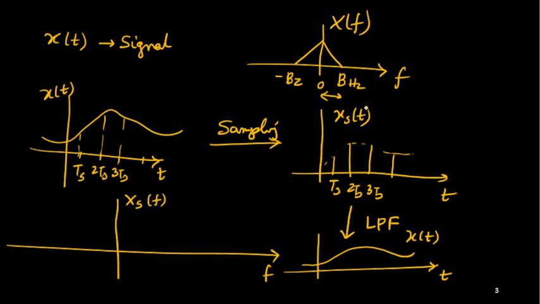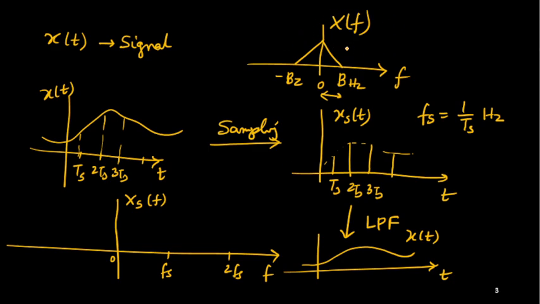If Ts is the sampling time, then the sampling frequency Fs is 1 upon Ts, in Hz. If we go for ideal sampling, then at 0, at Fs, at 2Fs, like that, at all those integer multiples of Fs, the spectrum will repeat.